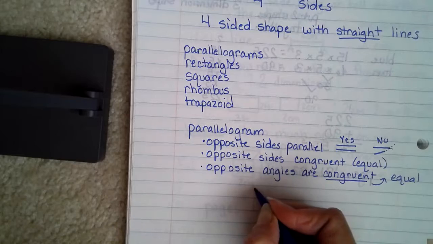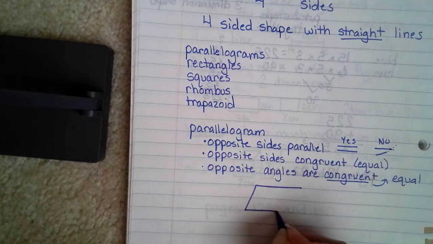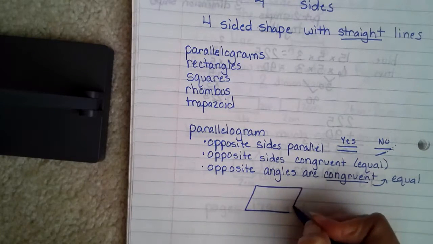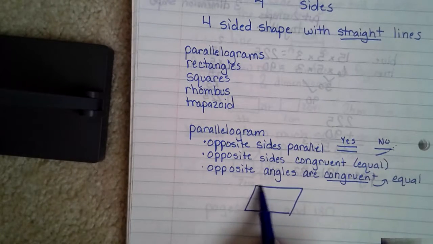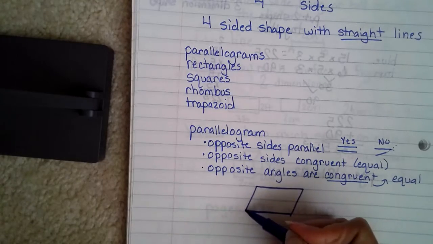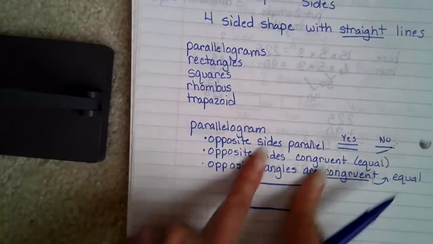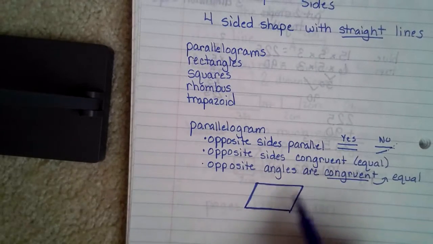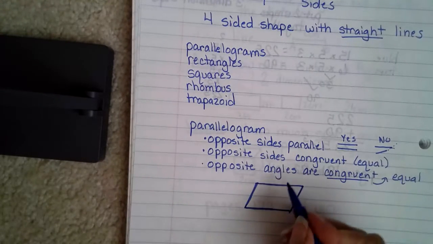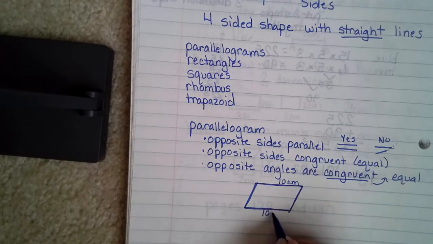So a parallelogram might look like this. So this is one side, the opposite side is parallel. This is one side, the opposite side is also parallel. They keep going, and they would never touch. Opposite sides are congruent. So if this one is 10 centimeters, then this one is 10 centimeters.